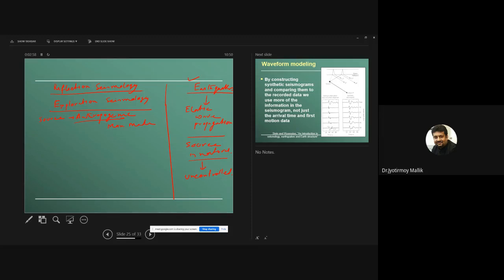But in exploration seismology, what you do is create a blast at a particular point wherever you want.